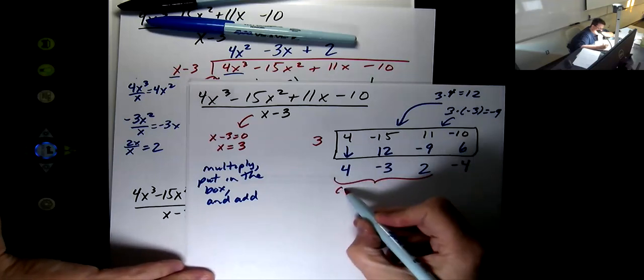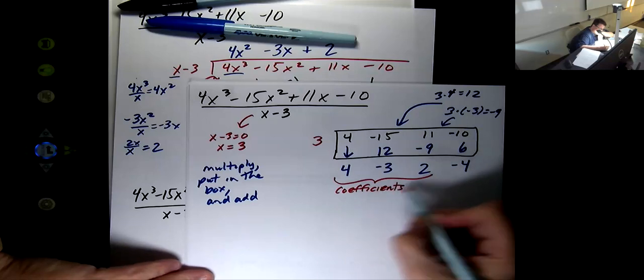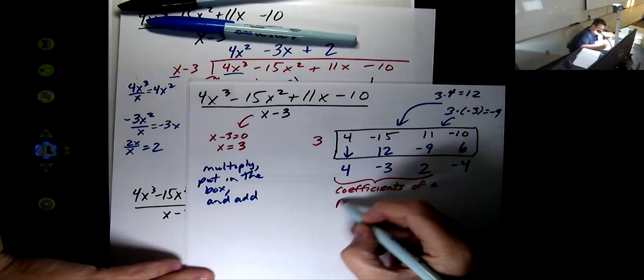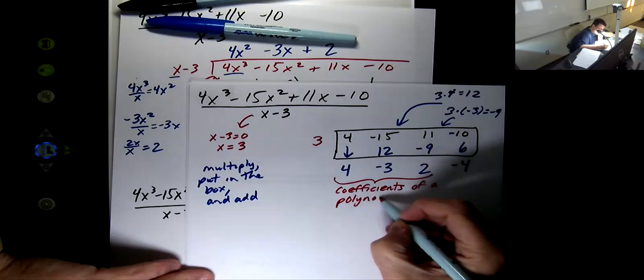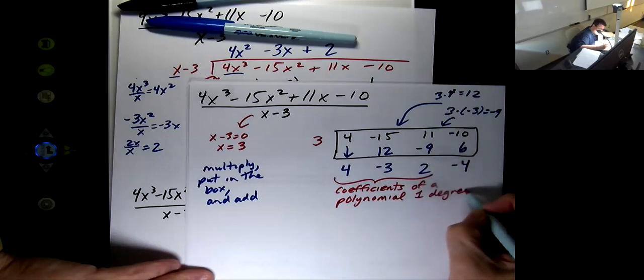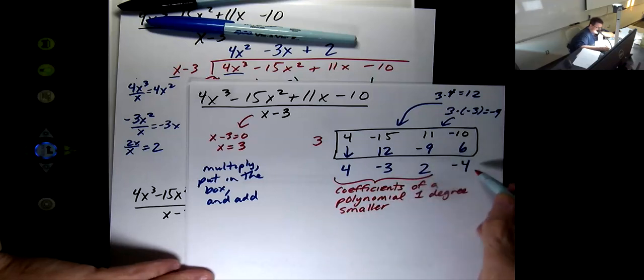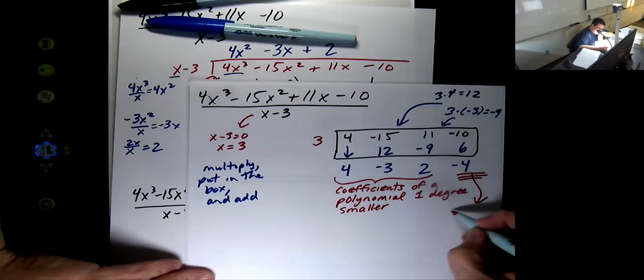These are the coefficients of a polynomial 1 degree smaller. And that last number is the top of our remainder.